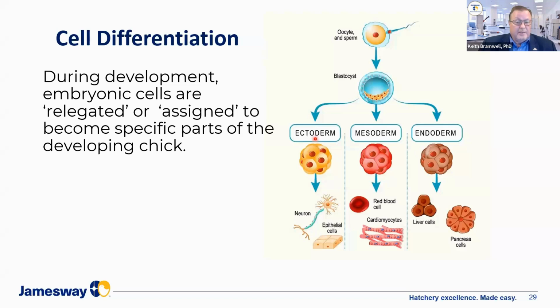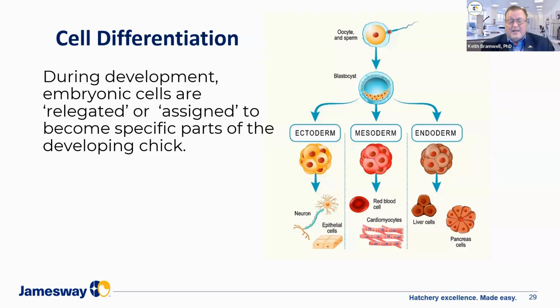Cells are going to say, you're going to be ectoderm, you're going to be mesoderm, you're going to be endoderm, you're going to be part of the brain, part of the heart, part of the kidney. Although that is occurring at this very early stage, in the first few days of the cell differentiation, we need to remember that this is a biological function. And in biology, the phrase I always use is you never say never, never say always, because there's variation in biology. There just is. This does not always happen in the exact way it's supposed to.